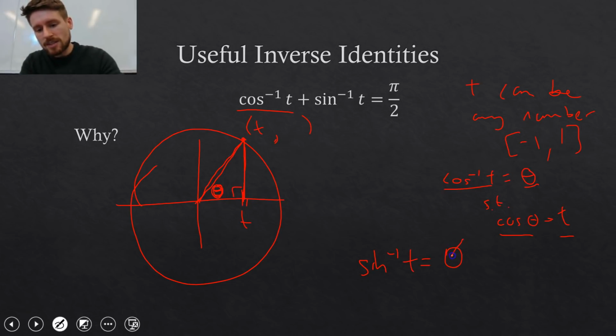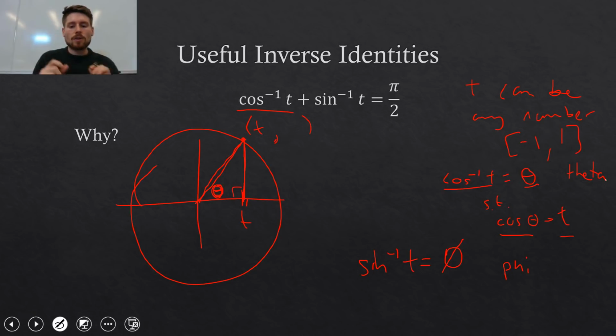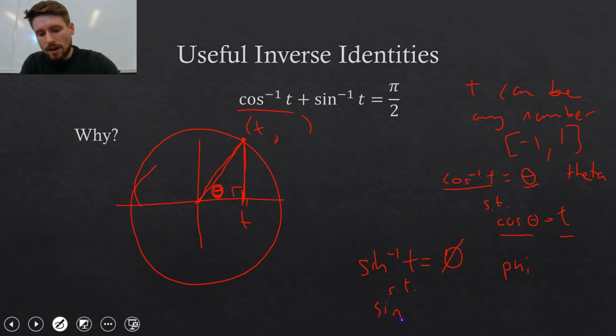A common second letter is phi, P-I. So this one is theta, and we'll call this one phi. Sine inverse of t equals the angle phi such that sine of phi equals t.